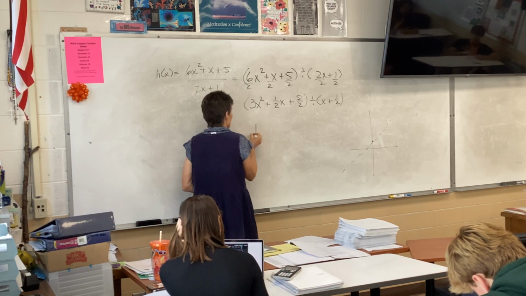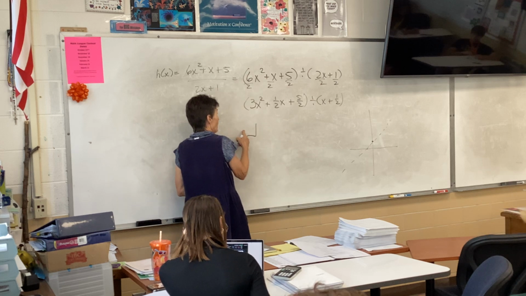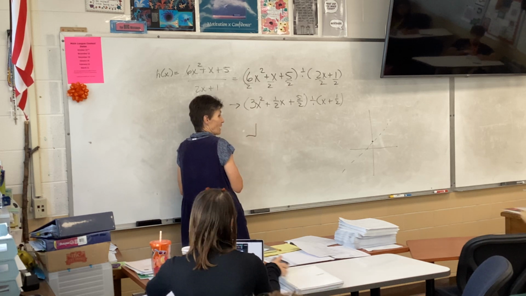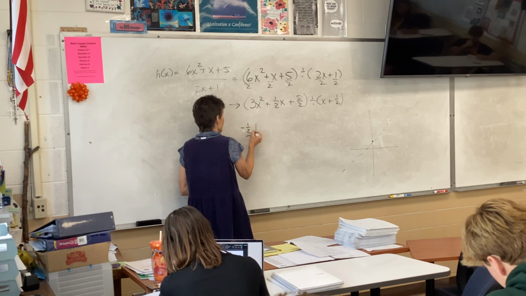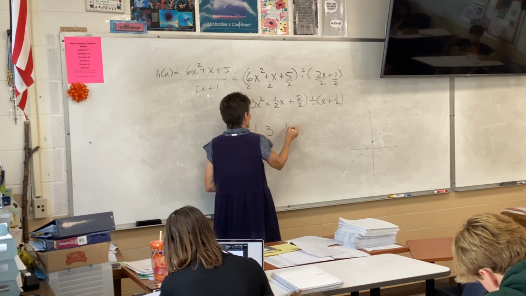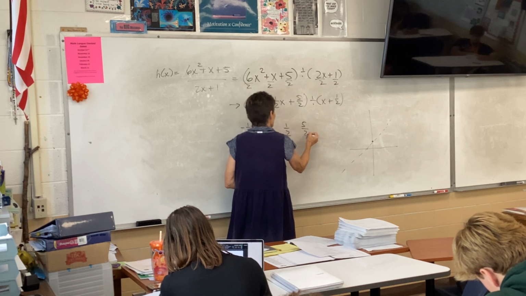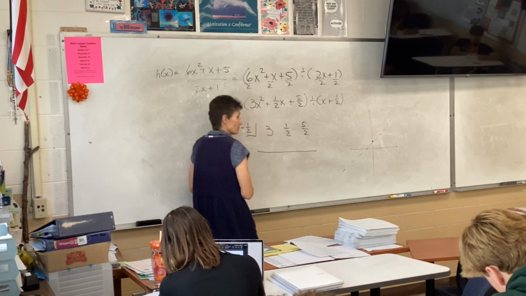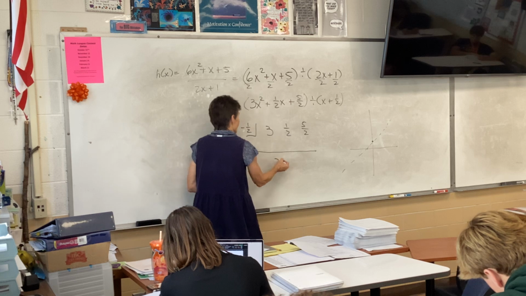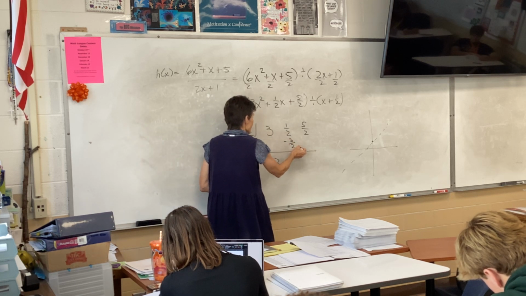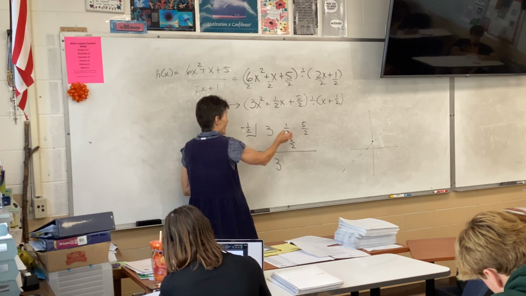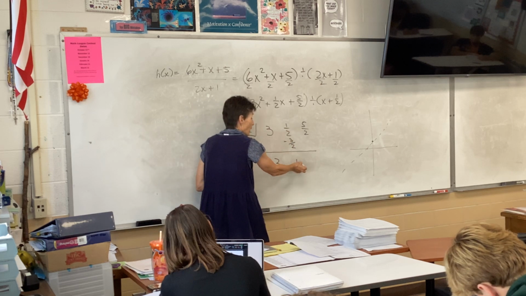If I do it synthetically, then what am I going to put out here in the box? Remember, this is what I'm now dividing. So what am I going to put out here? Negative 1/2. So 3, 1/2, and 5 halves. So negative 3 halves. That'll give me 1.